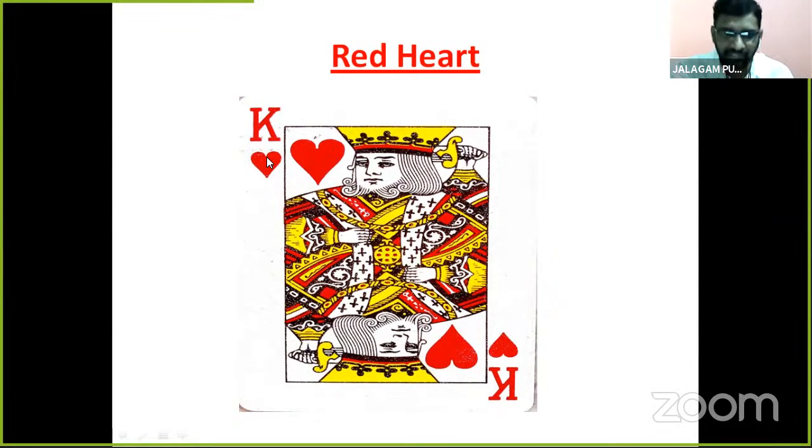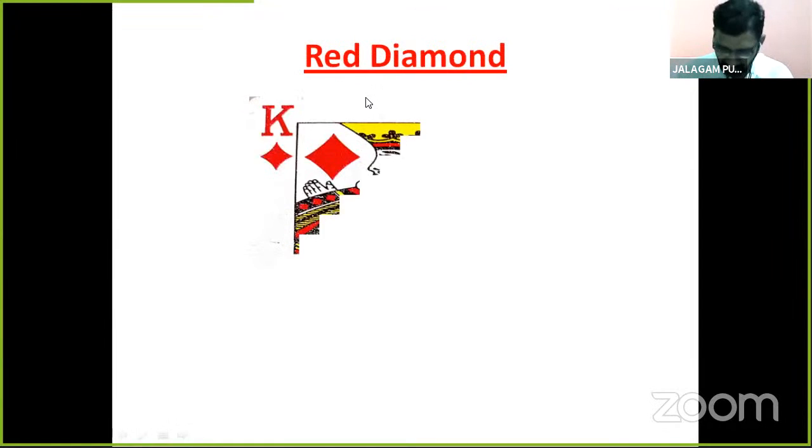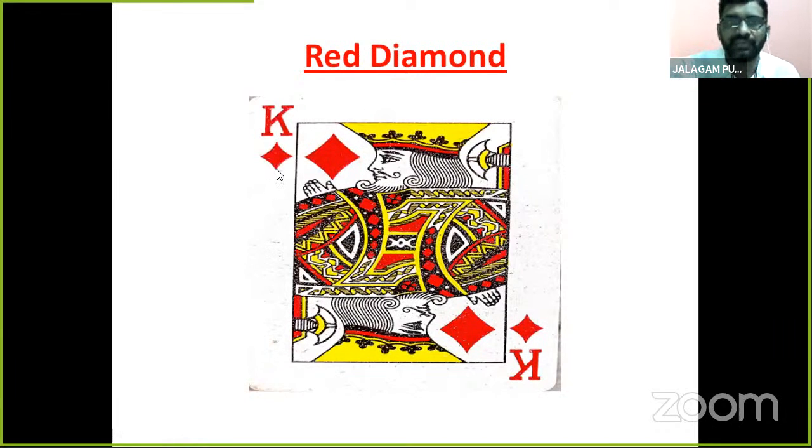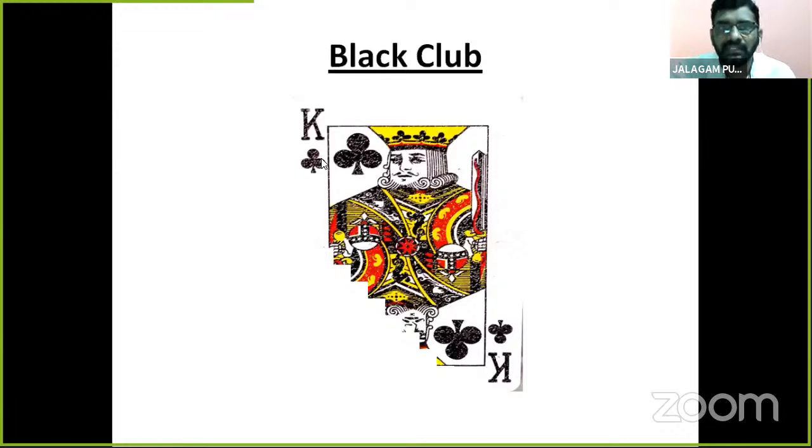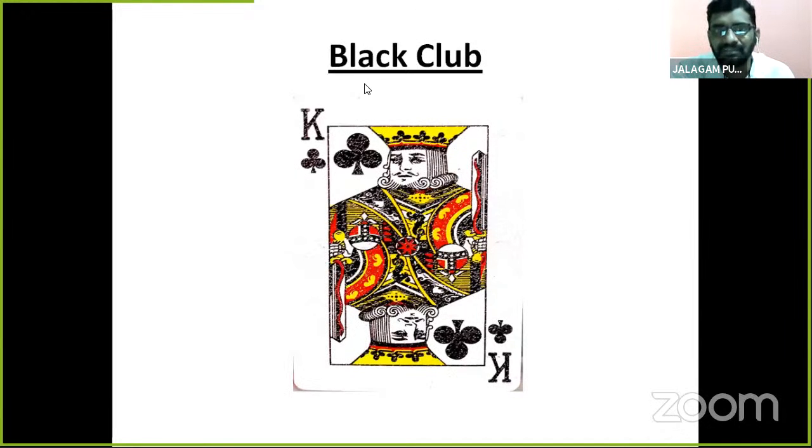Now red diamond. We easily identify the diamond shape. See, children, this is a diamond shape. And also black club. The shape is like this. This is a flower type, black club.